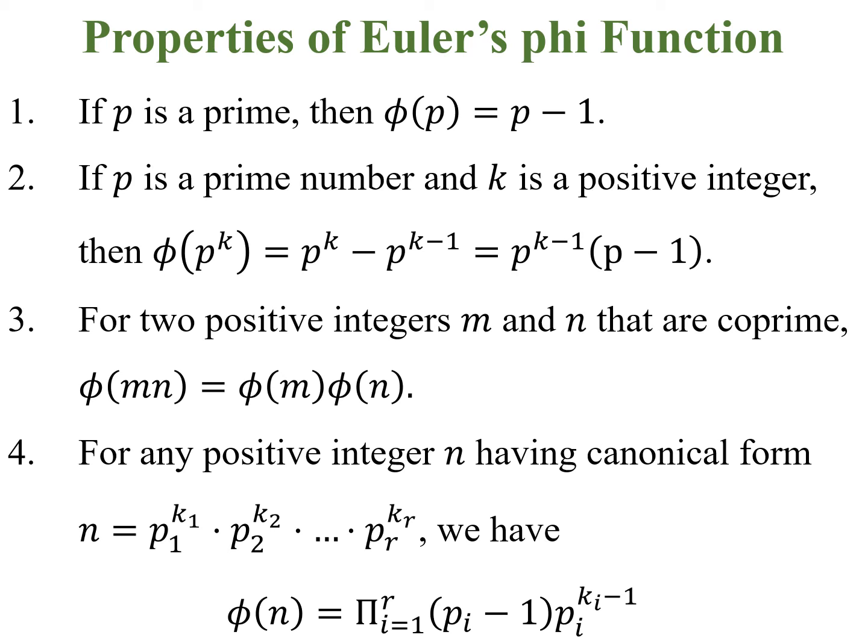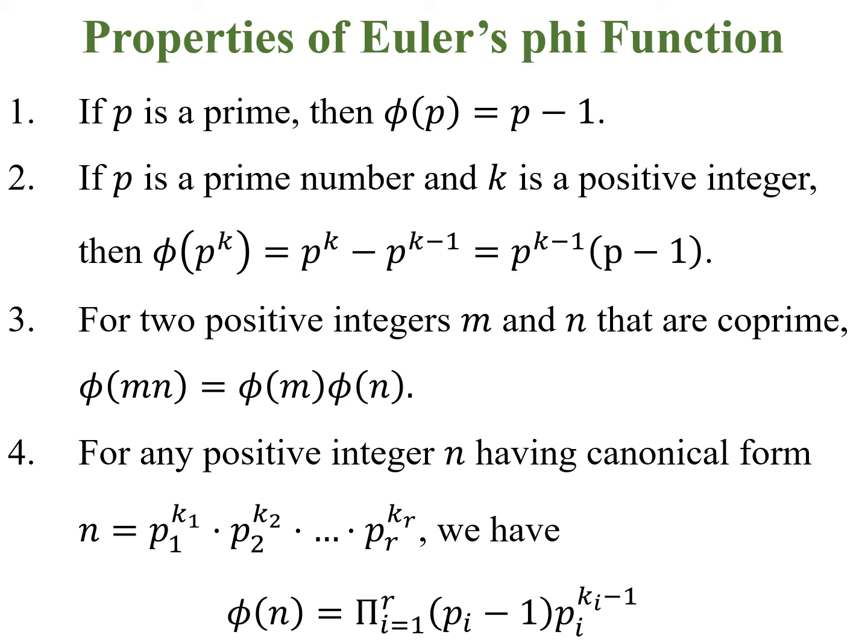Phi of p raised to k is what? p raised to k minus 1 into bracket p minus 1. Here phi of n will be p1 raised to k1 minus 1. You just have to make this index less by 1, p1 raised to k1 minus 1, and multiply it with p1 minus 1.